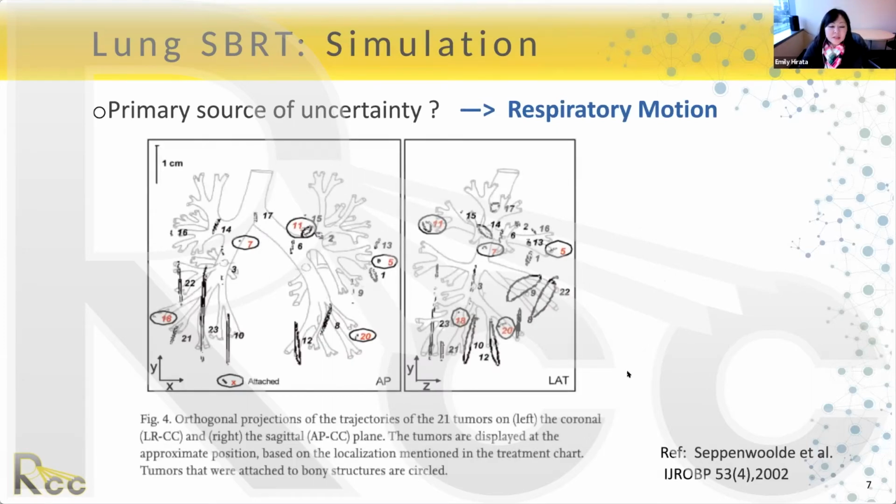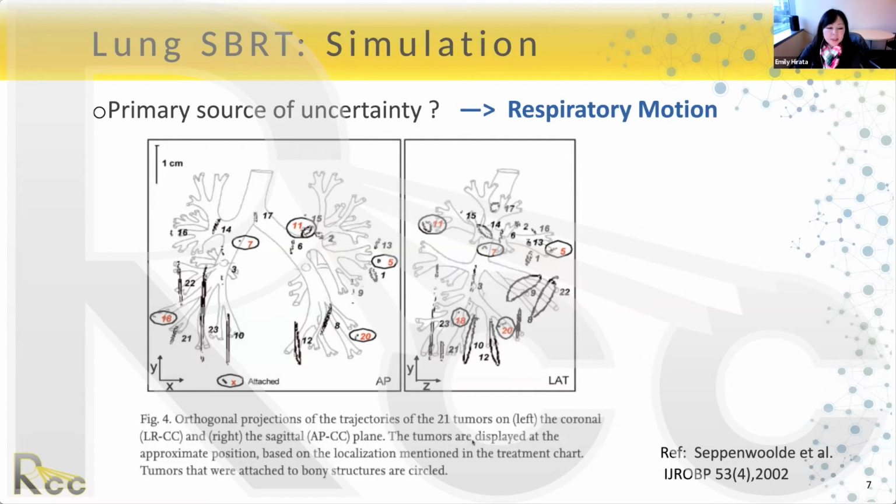And here's a really nice graphic that I feel captures a good sense of how lung tumors move and spans a map of the lungs. This is a reference from Seppenwoolde, published in the Red Journal back in 2002. Basically this figure is orthogonal projections of the trajectories of 21 tumors.